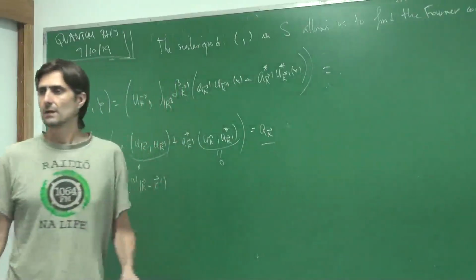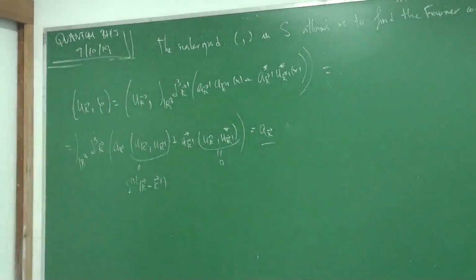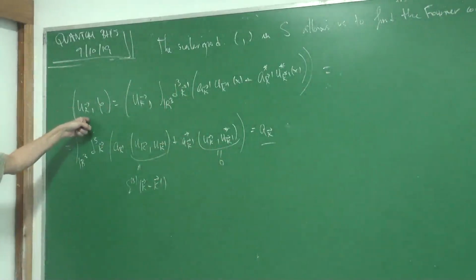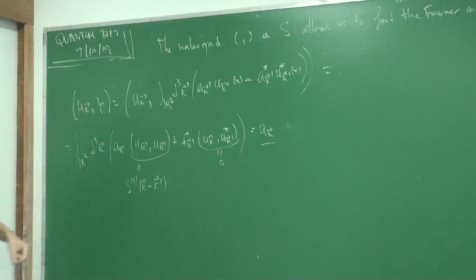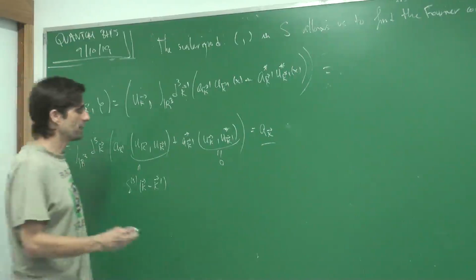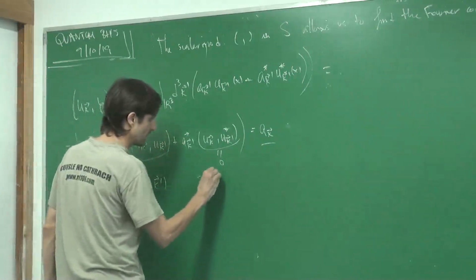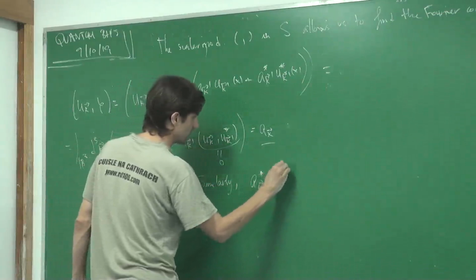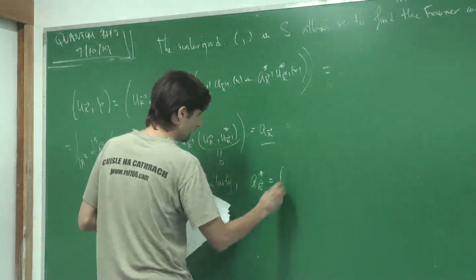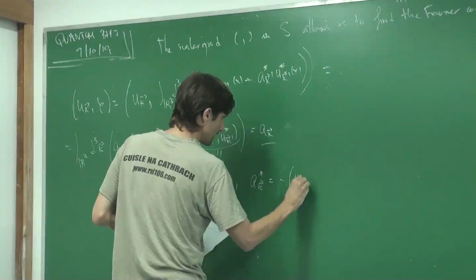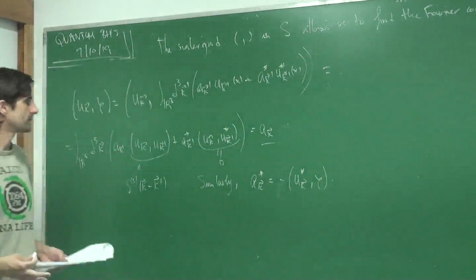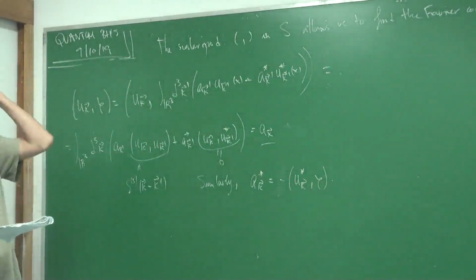Okay, so that's how you get the Fourier coefficient, by taking the inner product between one element of the complete set and the general solution. You do the same thing for the complex conjugate one. So similarly, a_k star is u_k star times minus this.